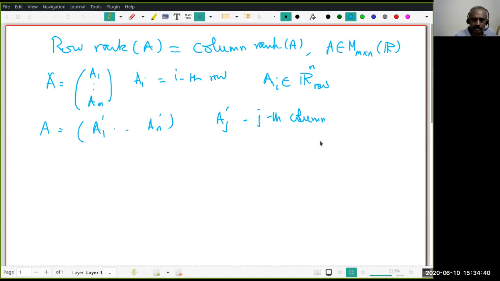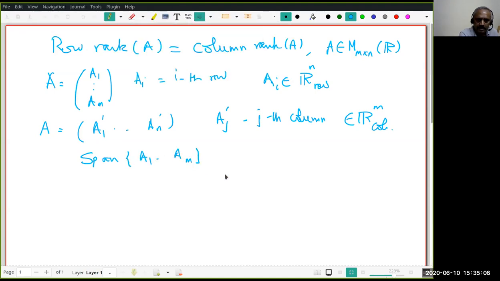It's a column. So A1 dash will be, for example, a11, a21, up to am1. Therefore, the m entries are there, so I should think of this as a vector in R^m. But here the vectors are column vectors. Is that clear? Good.